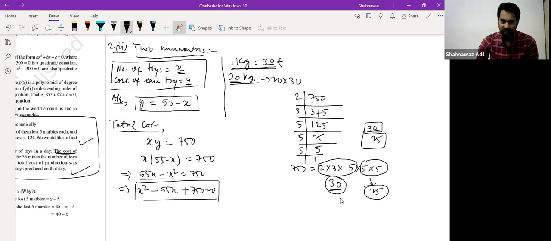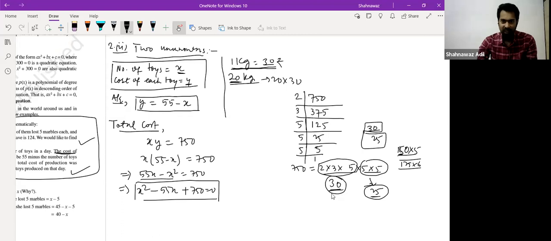No. Because if we go like this, 30 into 5 is 150, and 5 is very big, and then you have 5 fives, 25, and then this is 6. So all are big numbers. Only this one and this one. Hamad, did you get this?